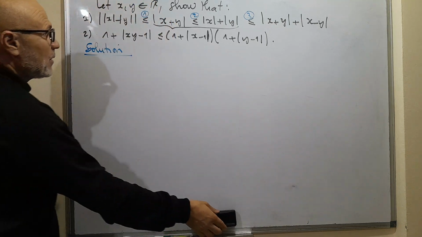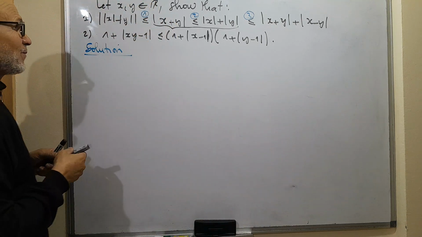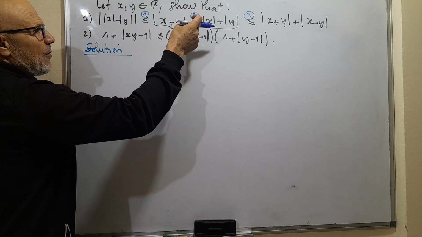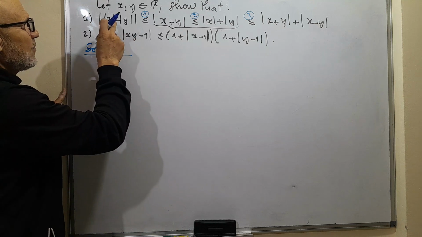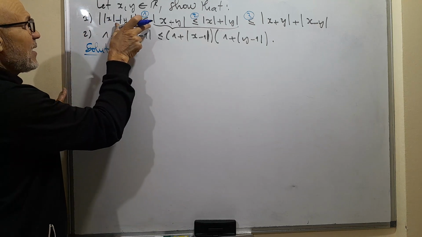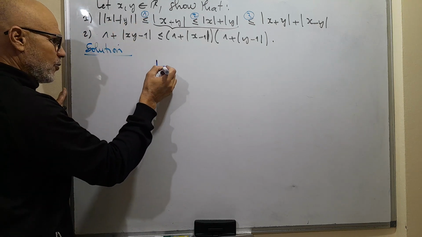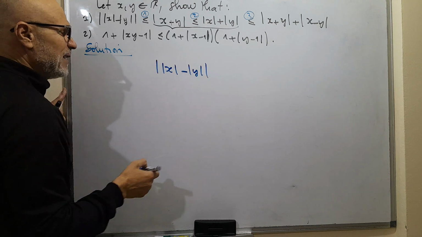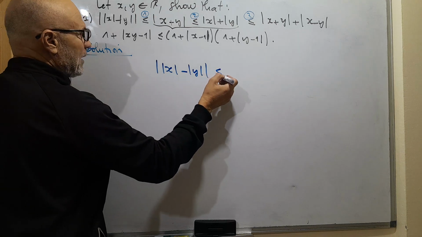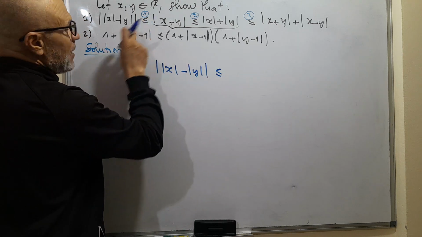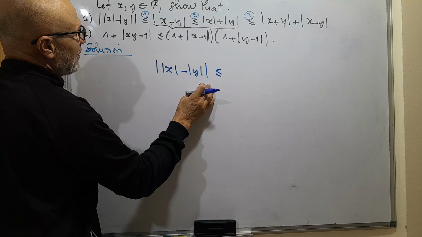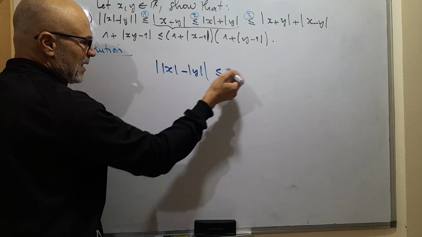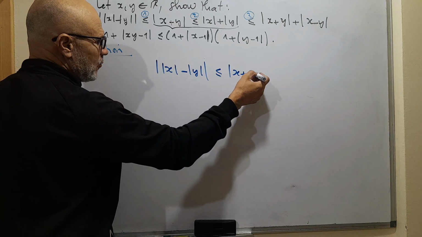Let us move to 1. We showed that this is true. To deal with this one means what? We need to prove that the absolute value of x minus the absolute value of y is less than or equal to the absolute value of x plus y.